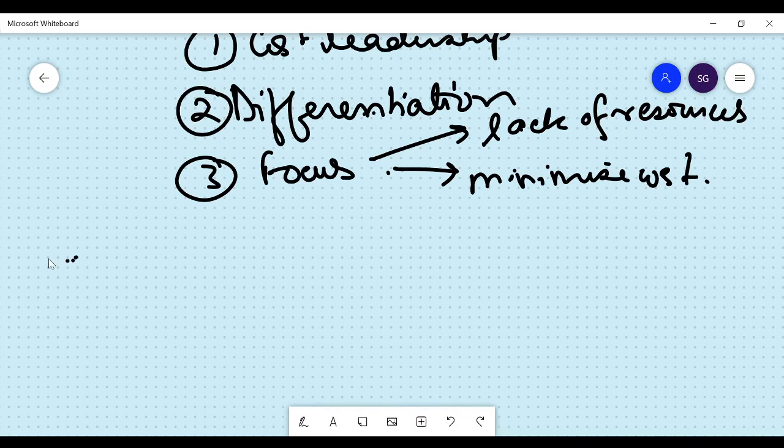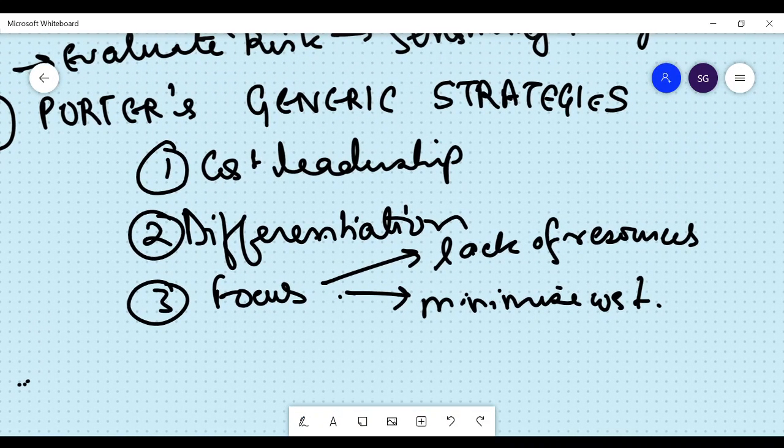In cost leadership, we generally do financial control, reducing waste, maximizing efficiency, economies of scale, learning curve effect, Kaizen costing, continuous improvement, benchmarking, impact on value chain. In differentiation, we monitor the cost, measure the performance, and basically it is used in non-financial measures.